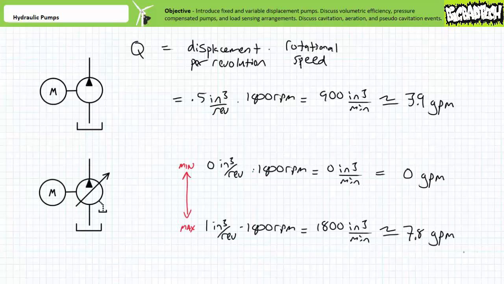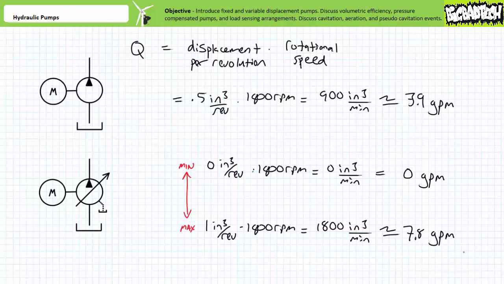A variable displacement pump rotated at a fixed speed, in contrast, produces a variable flow rate depending upon the adjustable displacement value. Let's say a variable displacement pump is capable of varying displacement per revolution anywhere from 0 cubic inches per revolution up to a maximum of 1 cubic inch per revolution, being driven at 1800 RPM.